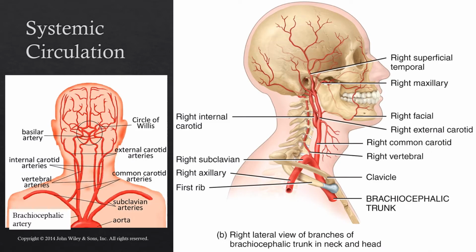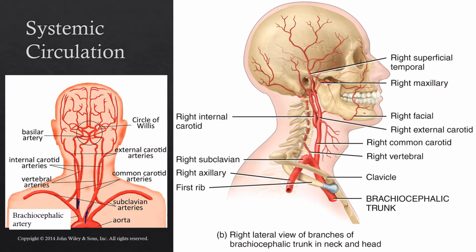Now the second branch from the arch of the aorta, this one right here, is the left common carotid artery. Now we also have the right common carotid artery coming off of that brachiocephalic trunk, but they do both kind of go up and they have the same branches and names as each other.